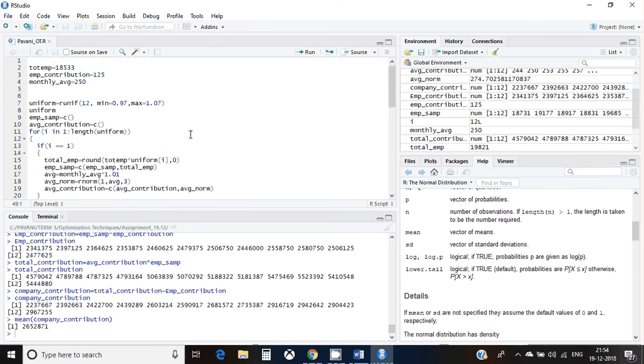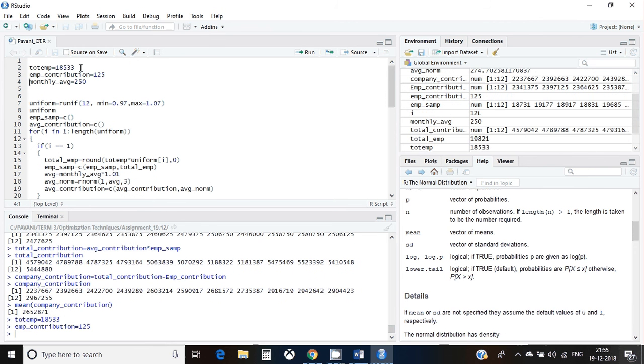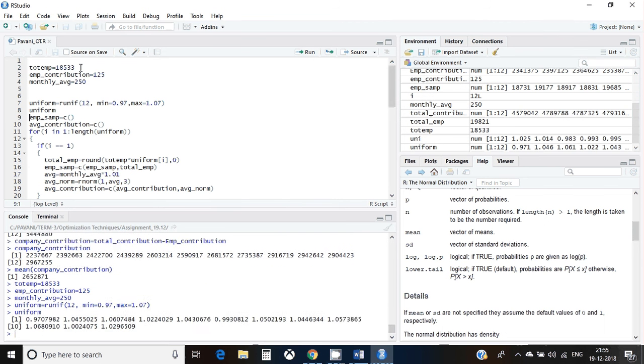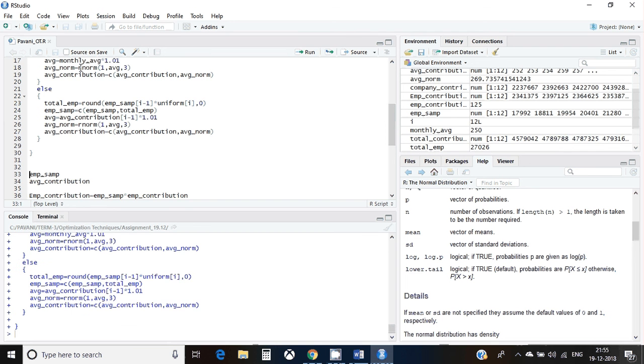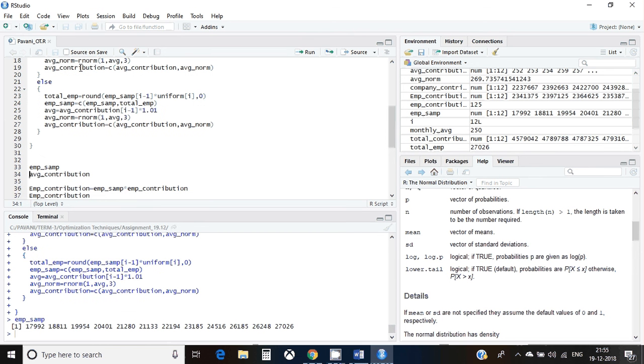Let's run the code. Now we see that this particular vector, that is employee sample, represents the total number of employees for all the 12 months in the coming year.